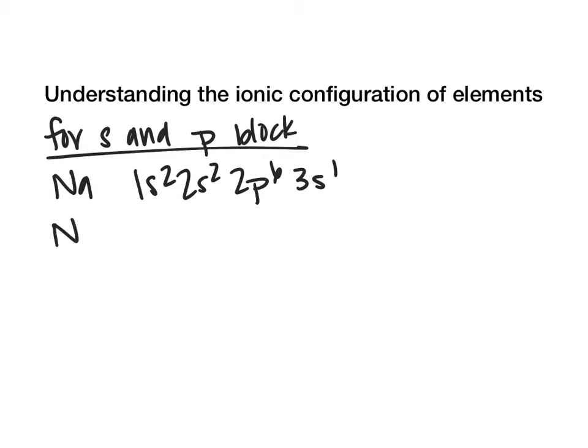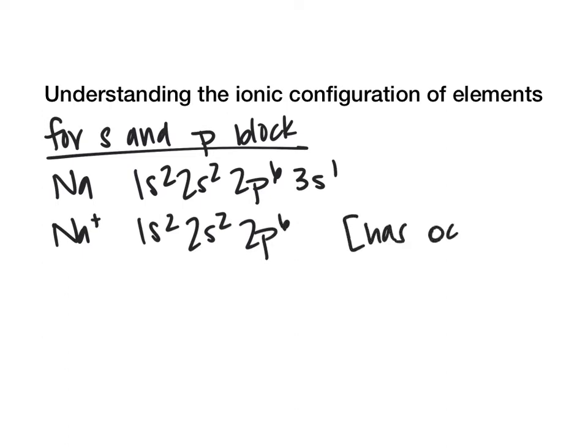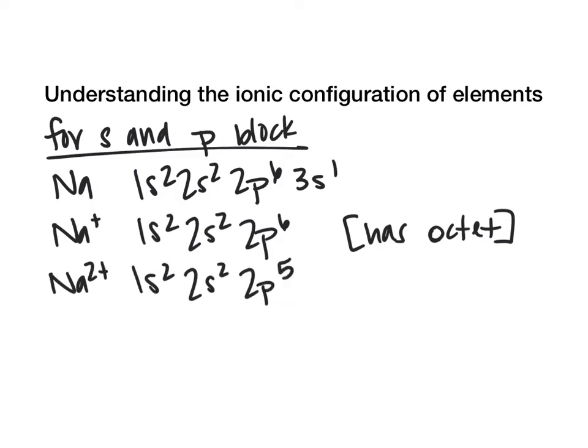We also see sodium plus, which is 1s2, 2s2, 2p6. This has an octet. If you remember back to the ionization energy, the ionization energy increases drastically when we start to take apart core electrons. So sodium 2 plus, which would be 1s2, 2s2, 2p5, means you've removed another electron. This is almost never observed.